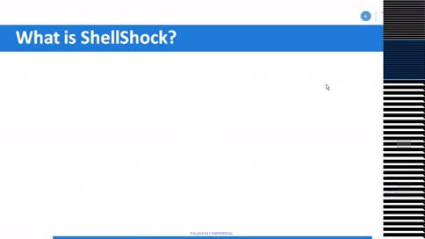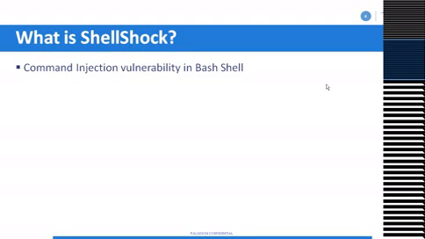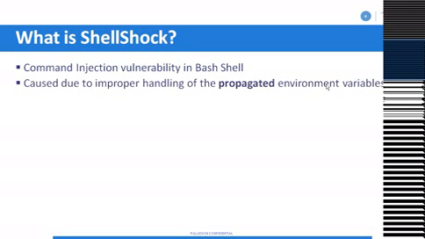What is ShellShock? Basically, ShellShock is a command injection vulnerability. People also refer to it as a code injection vulnerability in the Bash shell, which is caused due to the improper handling of the propagated environment variables.